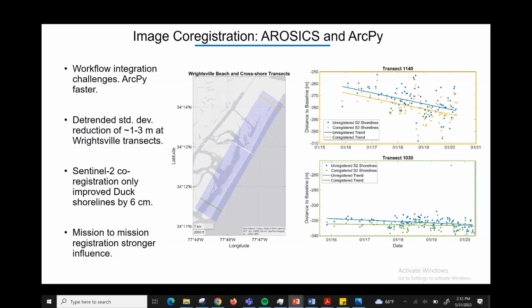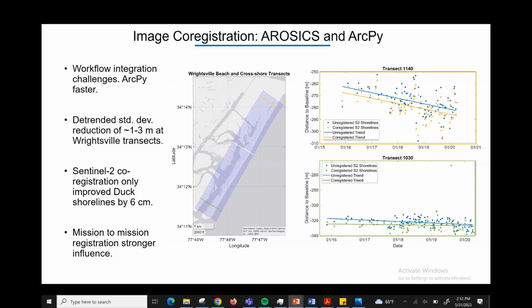The takeaway here is it does tighten up your data, and we were able to detrend that standard deviation from about 1 to 3 meters at this Wrightsville Beach site. However, if you take that and see how it improves your shoreline accuracy, at Duck, for example, it only improved our overall accuracy by about 6 centimeters.